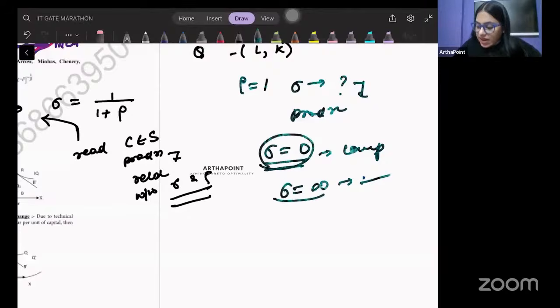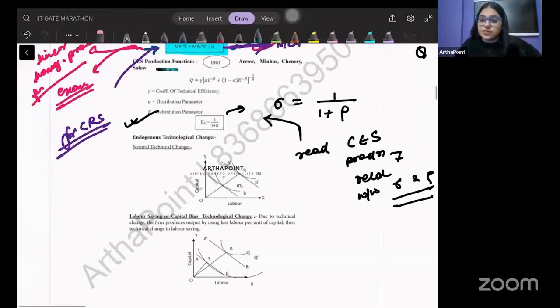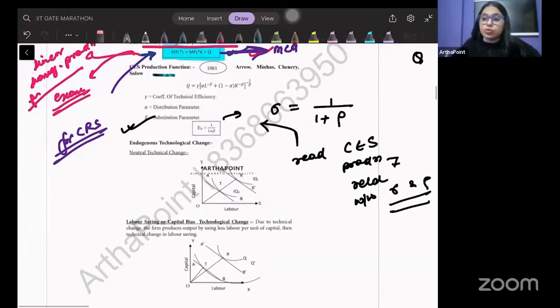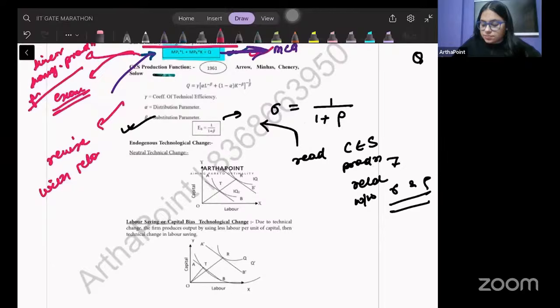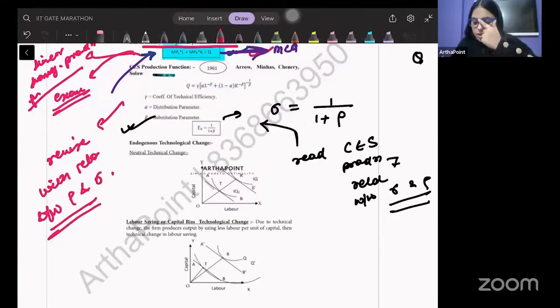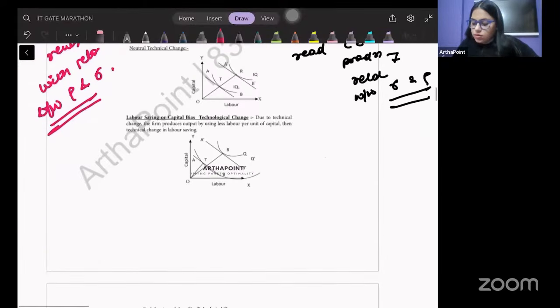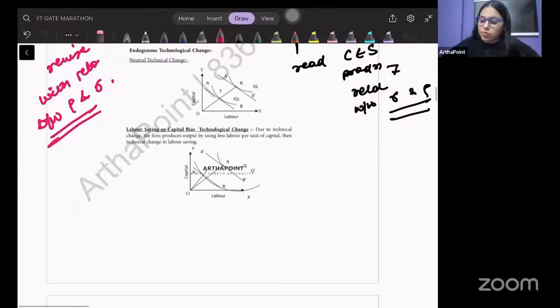So for different elasticity of substitution, which kind of production function it represents, you have to read that lecture thoroughly. So please do write here, revise this concept with the relation between rho and sigma. This is necessary. Okay. Now, the next thing that I want to talk about is different kinds of savings.